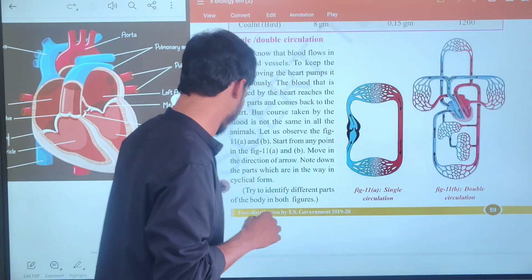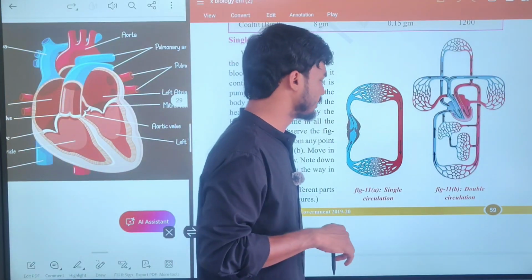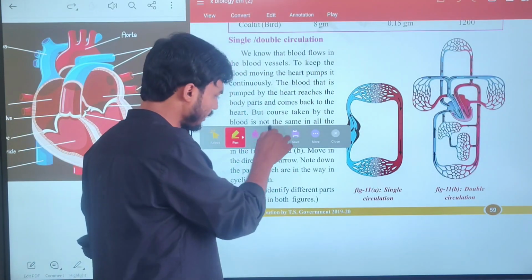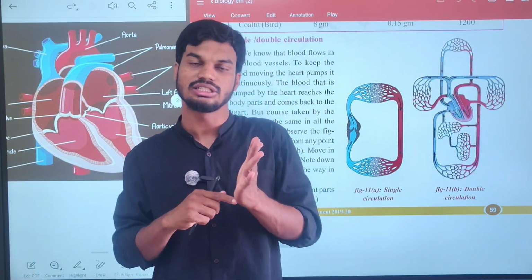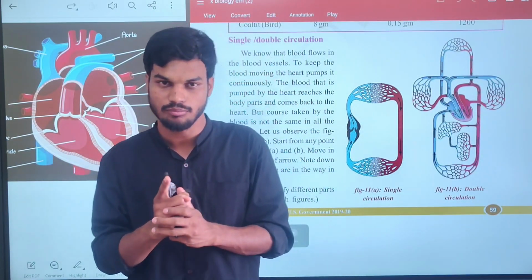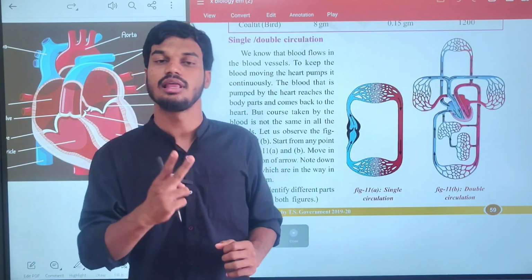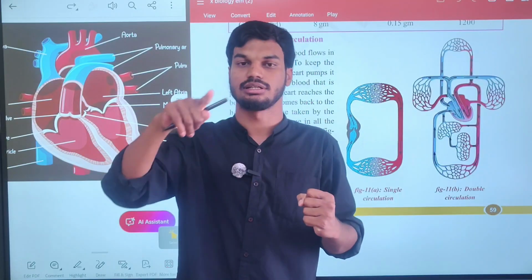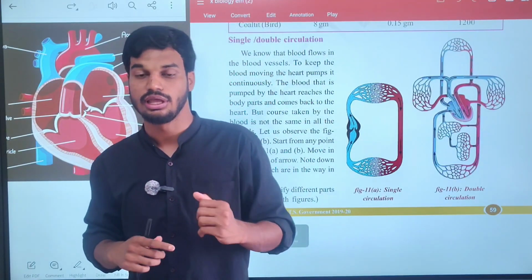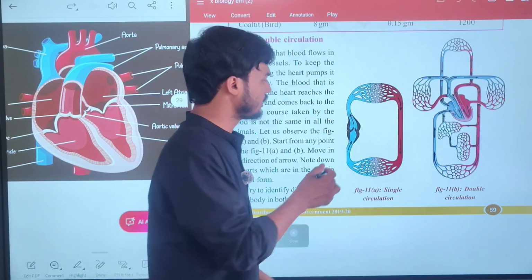Simply, the blood entering the heart only one time during one complete circulation is known as single circulation, whereas the blood entering twice into the heart during one complete circulation is known as double circulation. In human bodies, it is double circulation.